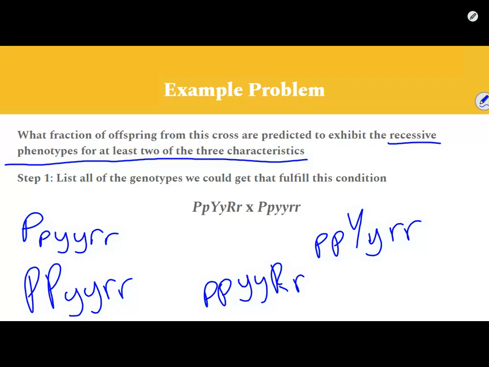At least 2 of the 3. That's our step 1. We have 1, 2, 3, 4, 5 different combinations that will give us what we need. So that's our step 1. Step 2.